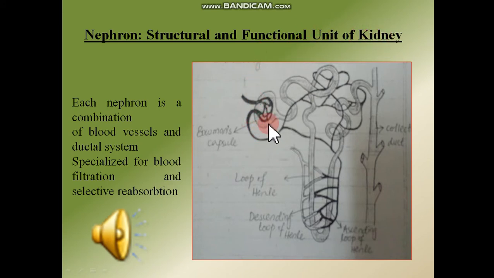Why? Because filtration of blood occurs in the Bowman capsule, and inside the Bowman capsule, glomerular capillaries are present. This is a Bowman capsule, and this is the proximal convoluted tubule.